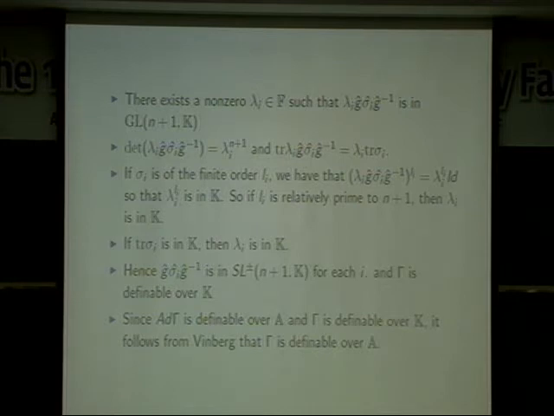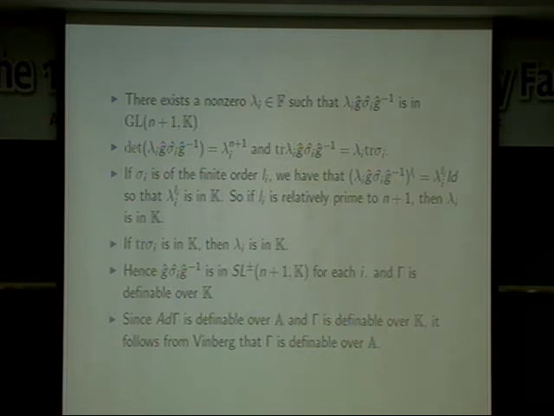And if trace of sigma I is in K, then of course lambda I is in K. What is G hat? G hat is the matrix written in the standard basis.